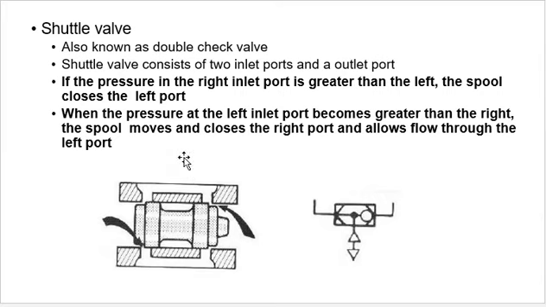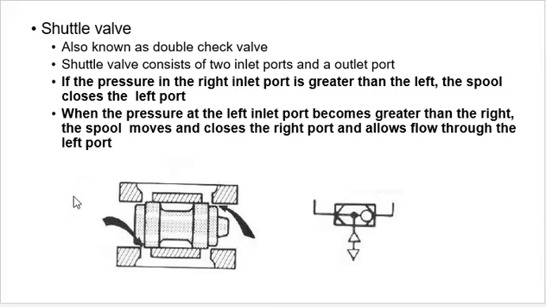If the pressure in the right inlet port is greater than the left inlet port, the spool closes the left port and the right port air passes and output is generated. When the pressure at the left inlet port becomes greater than the right inlet port, the spool moves and closes the right port of the valve, and it allows the flow through the left port and the output is generated.